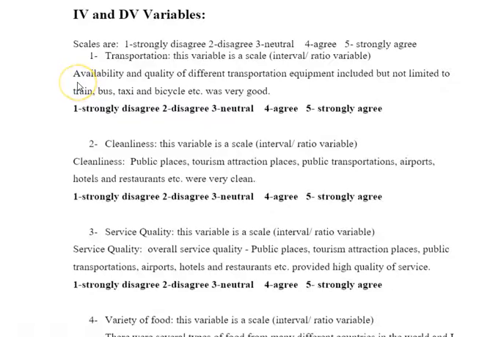Okay, so it's important to understand how this data is collected. I did not put all the questions of the questionnaire, but for each variable I explained what type of questions we had. So for example, transportation is a scale variable, a numerical interval-ratio variable, and scales are from strongly disagree to strongly agree, 1 to 5. For transportation, we asked our customers separate questions with the same scale, and let's say we have 5 questions.